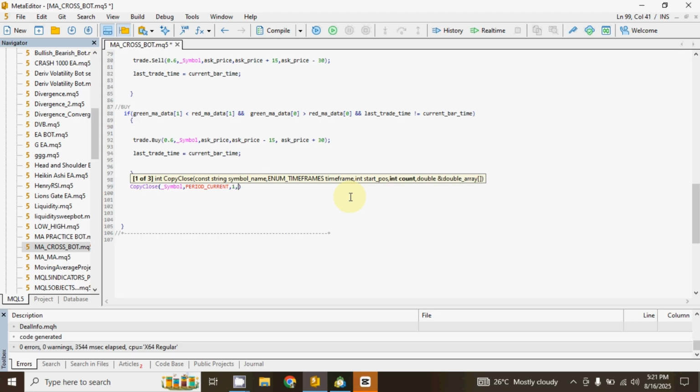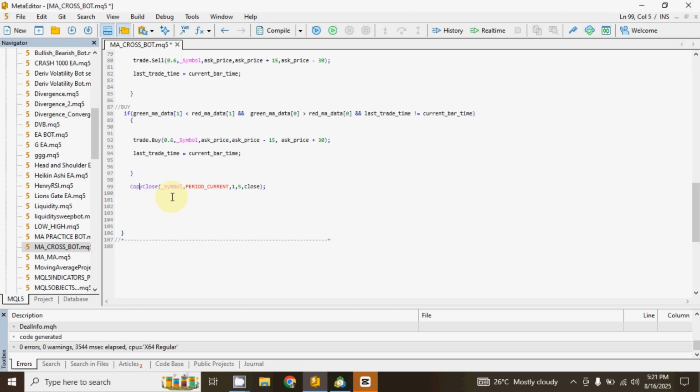Let's copy 5 bars from the second bar on the chart. Since indexing starts from 0, that is why we are using 1 here. Now the next one is saying, where do we want to store this? Let's store this in the close price of the candle. Add a semicolon. Then let's do the same thing for the open price.